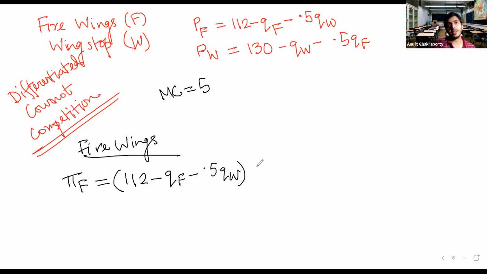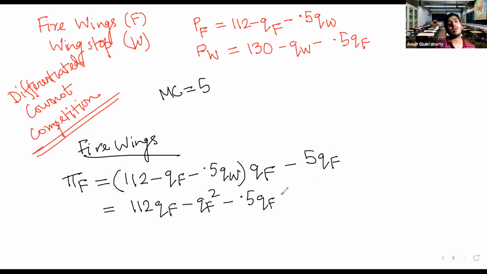Multiply it with the production done by Fire Wings, minus marginal cost times production. There's no fixed cost. So that is Fire Wings' profit: 112 QF minus QF squared minus 0.5 QF QW minus 5 QF.